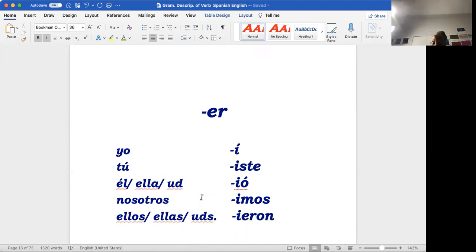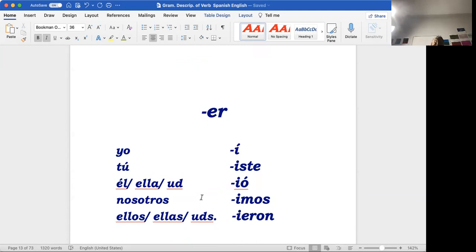I really don't need the yo form. I really don't need yo or tú or nosotros because the endings tell me. If I see the word comemos, then I know it's in the present. If I see the word comimos, I know it's in the past because it's an ER verb that has the emos ending.